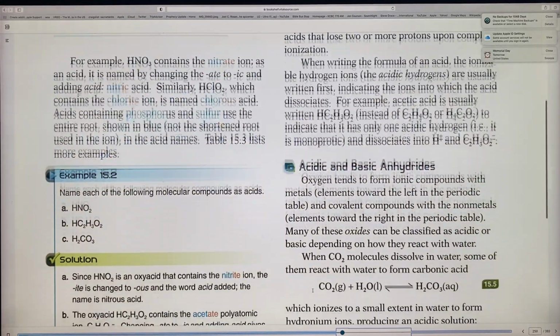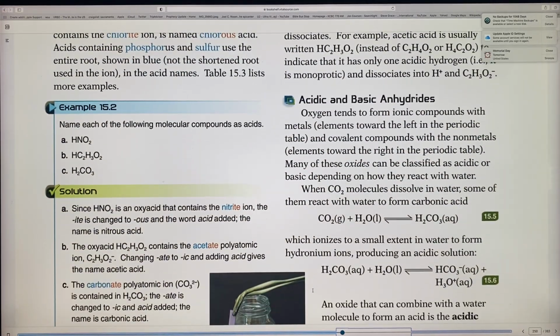Well, here we go. We're going to look at this. HNO2 is an oxyacid, that's what we were talking about, the oxyacid has oxygen in it. We call it the nitrite ion. So this is nitrite.